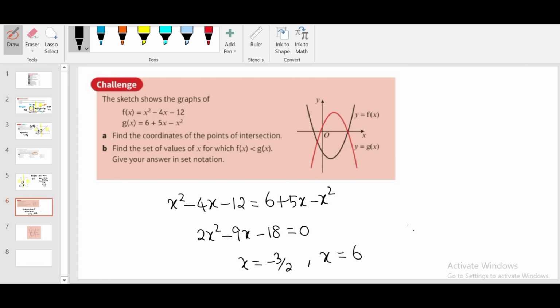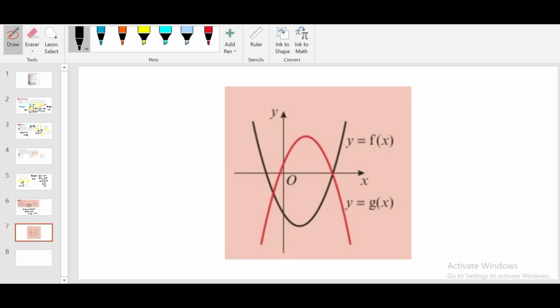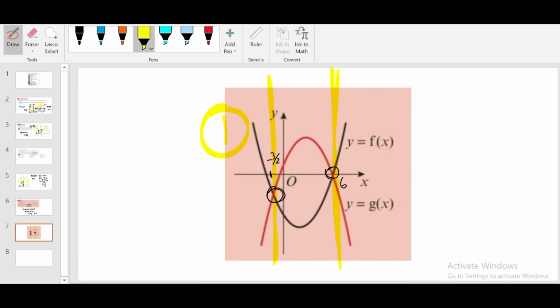Now how to solve this inequality? I have taken the figure here separately. Listen to me carefully. The x coordinate of this point of intersection is negative 3 by 2. The x coordinate of this point is 6. So as usual, divide the graph through the points of intersection. Now you have 3 regions, 1, 2, 3 regions.